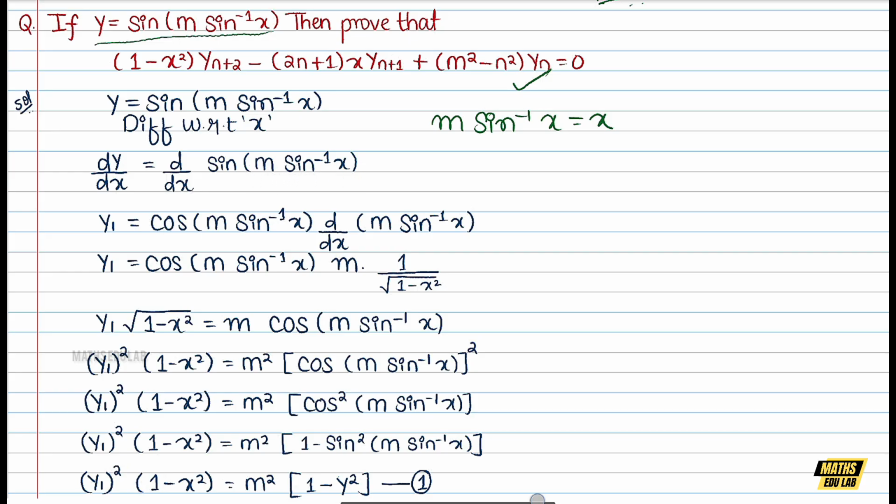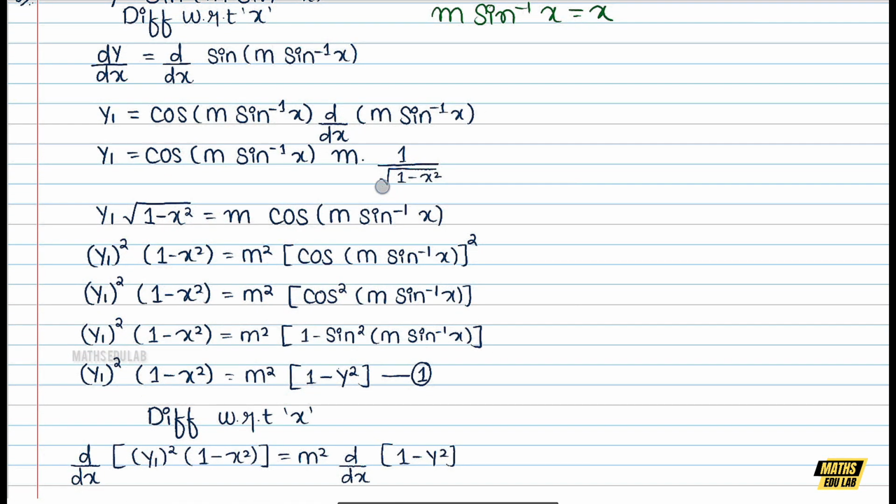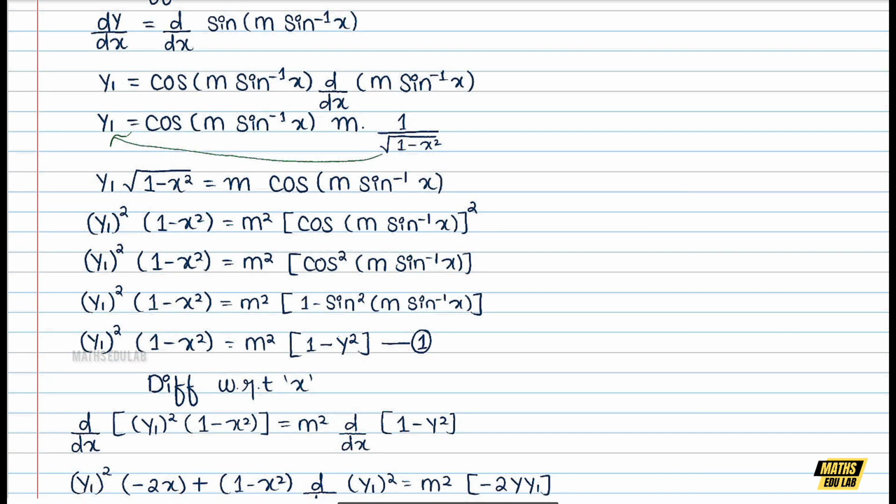When we apply the chain rule for m sine inverse x, m is a constant value and the derivative of sine inverse x will be 1 by root over 1 minus x square. So this value will get multiplied to the other side and it will be written as y1 root over 1 minus x square is equal to m cos m sine inverse of x.